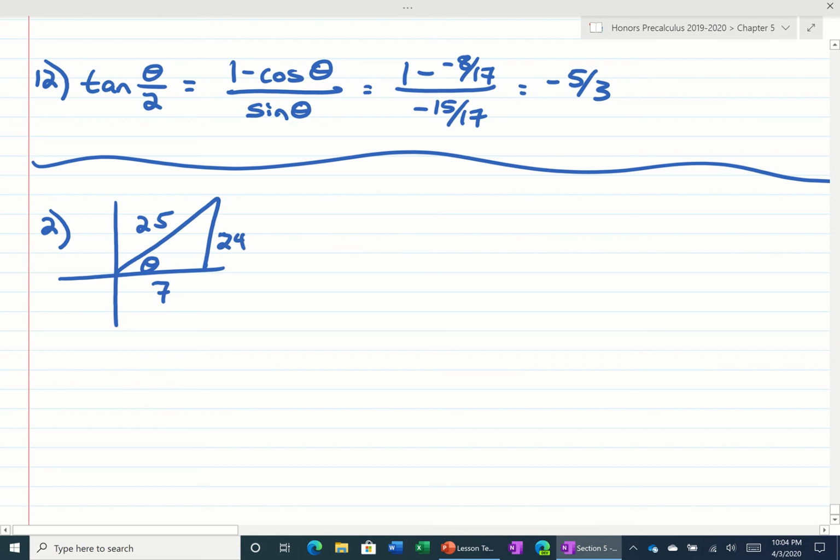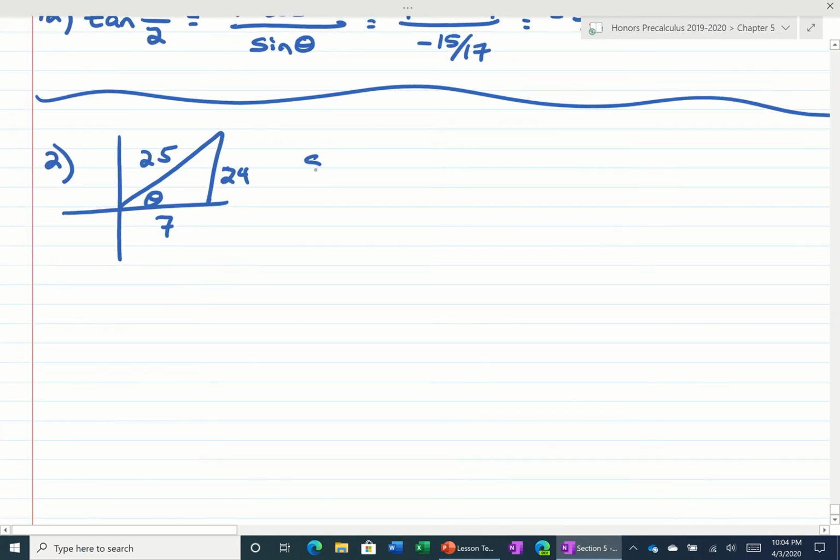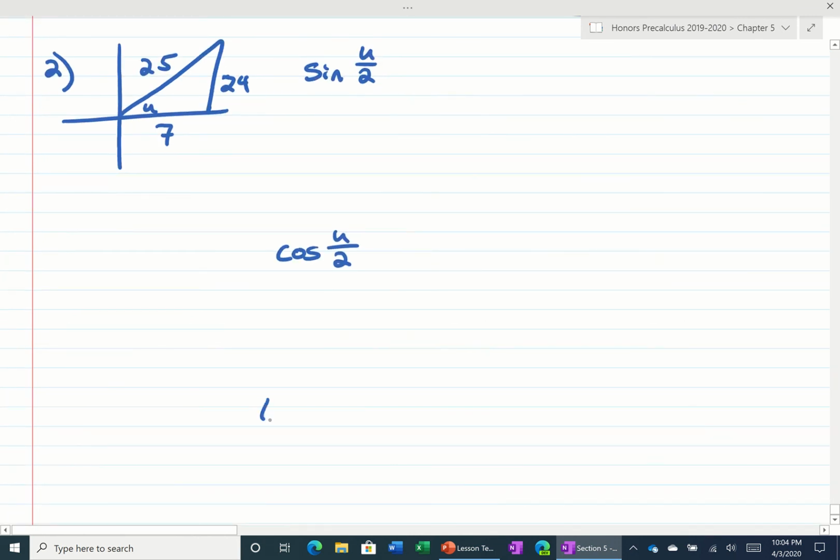All right, so we have to find sine of, we're calling it u here, cosine and tangent. All of them are going to be positive.